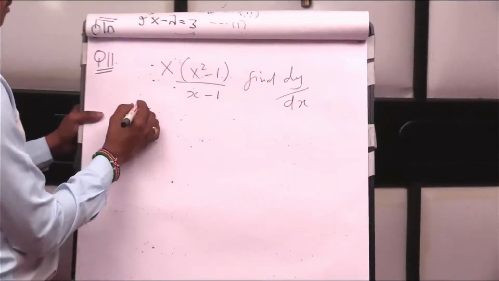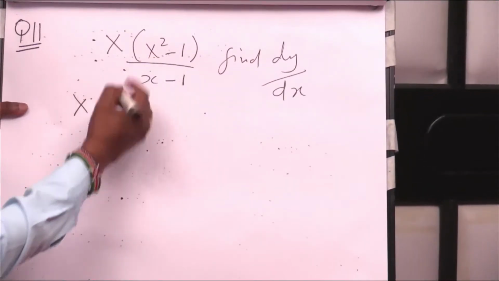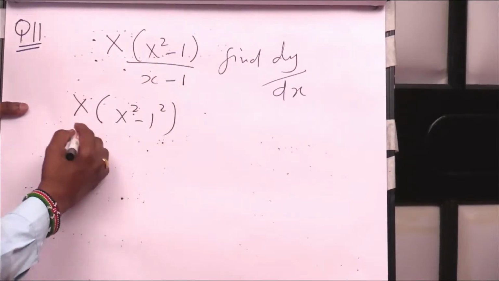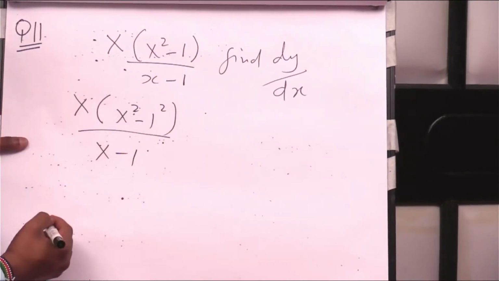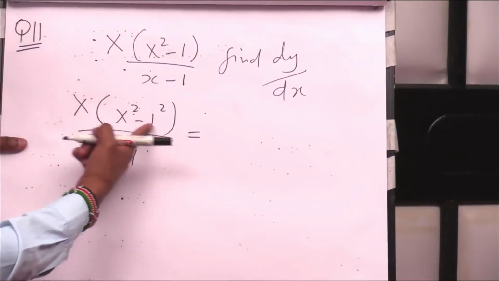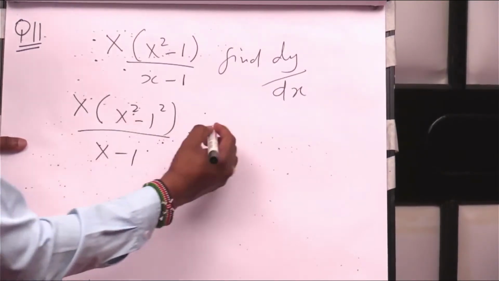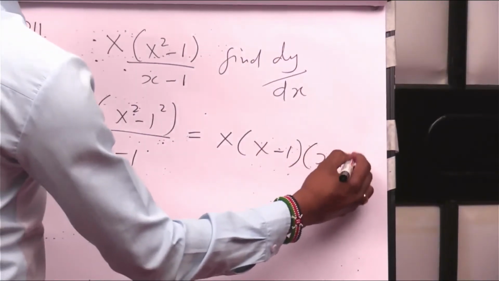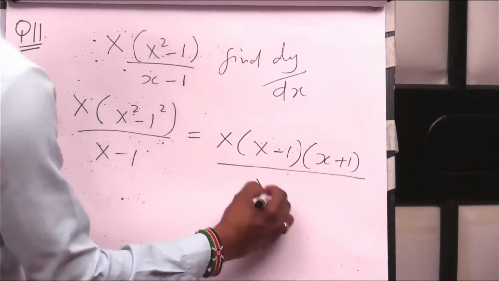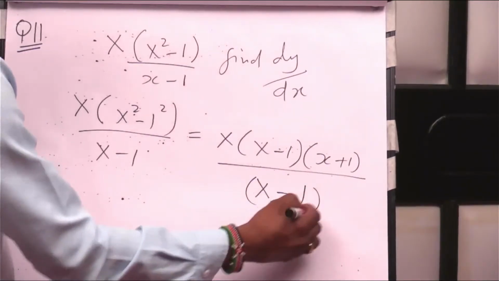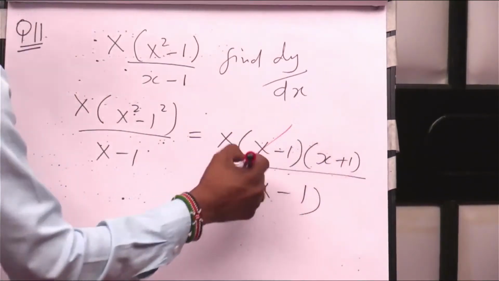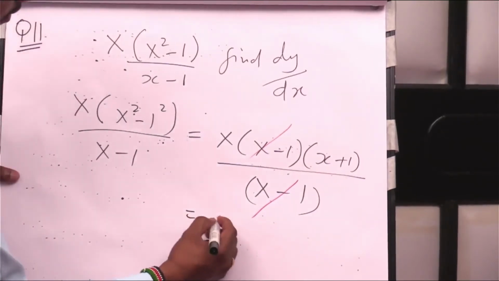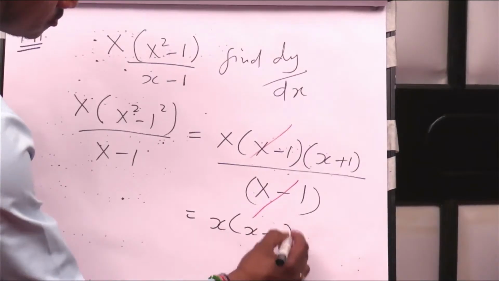When you expand this, you say x into x squared minus 1, something common here, over x minus 1. Here, this is a difference. Use the difference of 2 squares to expand this. This becomes x into x minus 1 into x plus 1 over x minus 1. So x minus 1 cancels x minus 1. You remain with x into x plus 1.